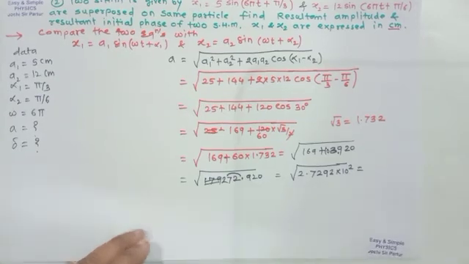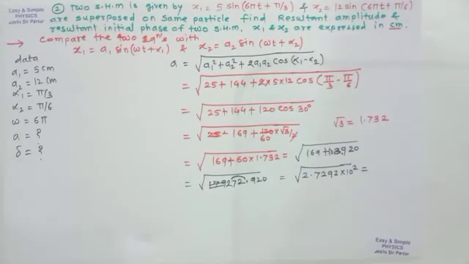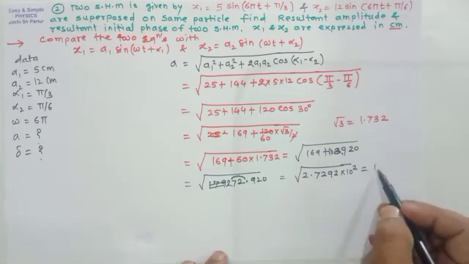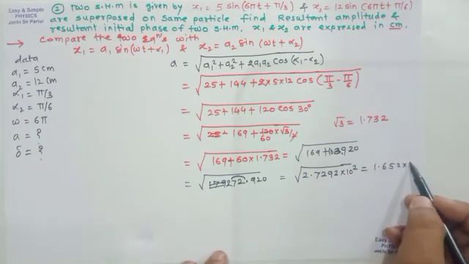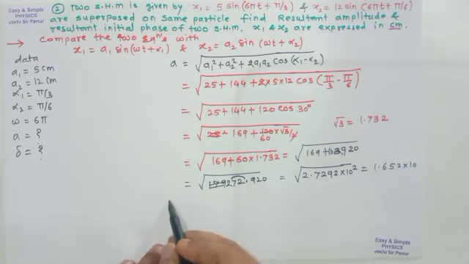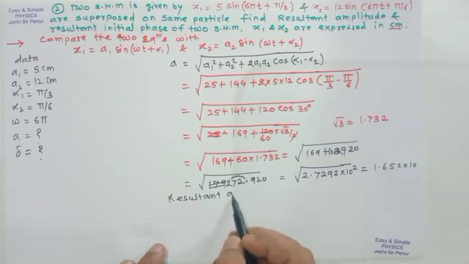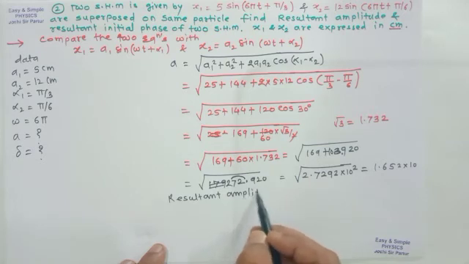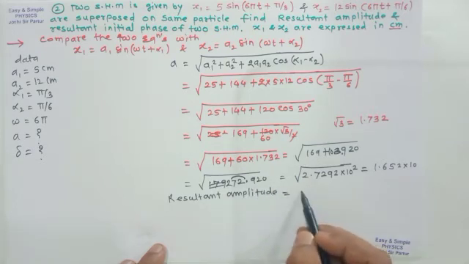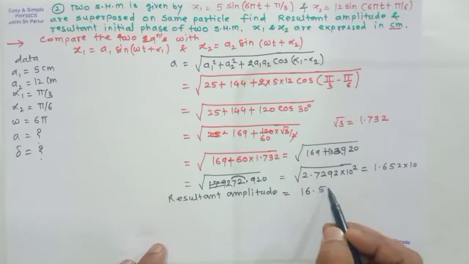If we take the square root, it will be 1.652 into 10. So here the resultant amplitude will be 16.52.